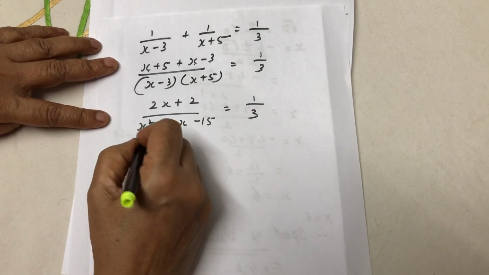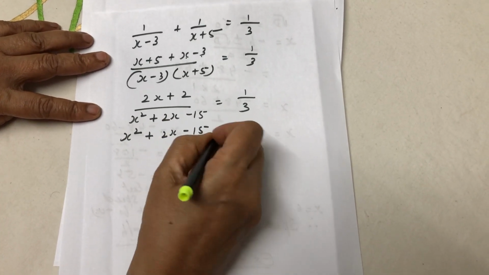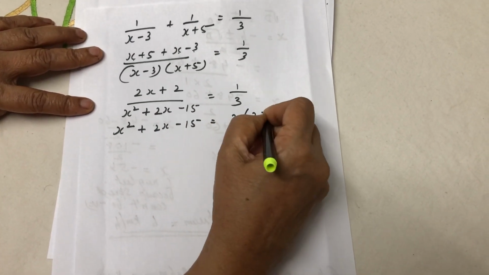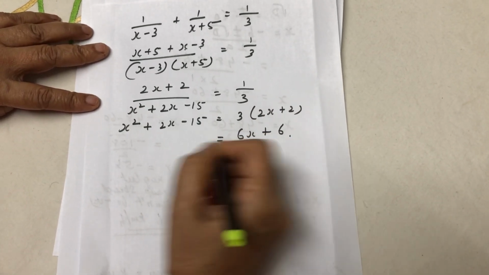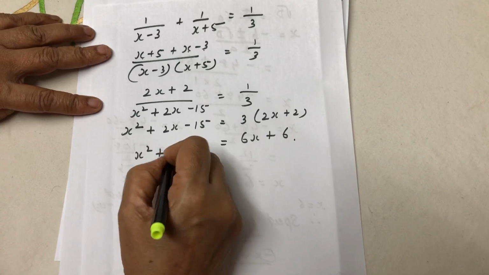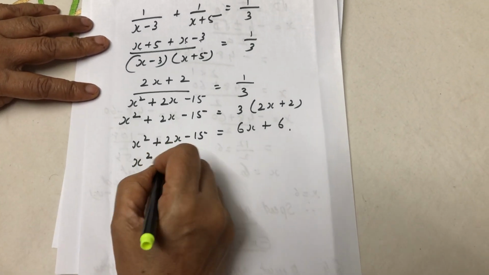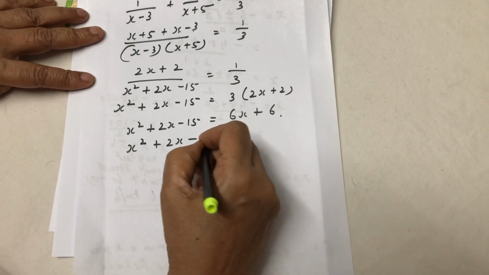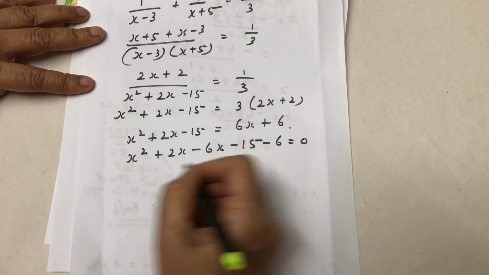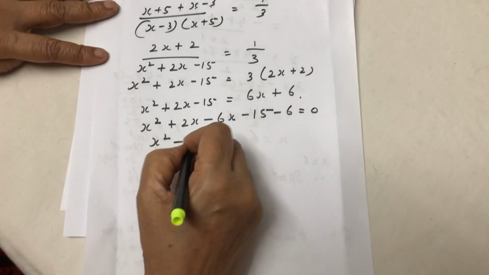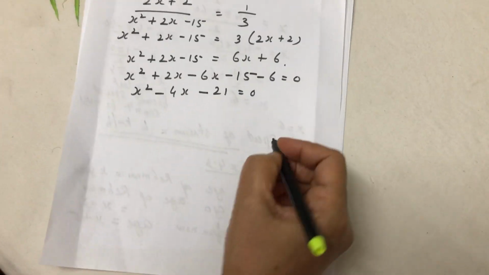Cross multiplication. x squared plus 2x minus 15 equal to 3 into 2x plus 2, that is 6x plus 6. So bring this down here. x squared plus 2x minus 6x minus 15 minus 6 is 0. x squared minus 4x minus 21 equal to 0.